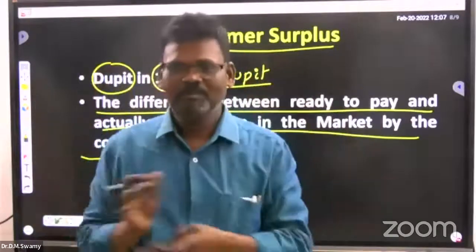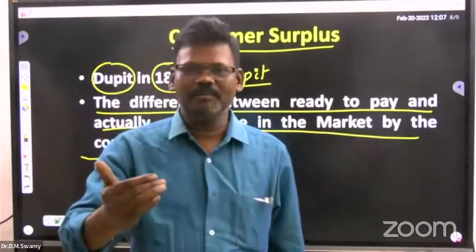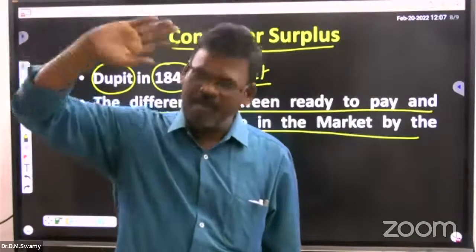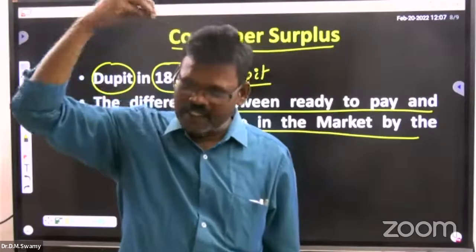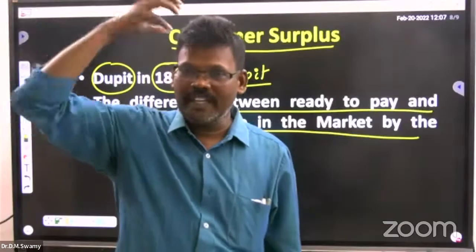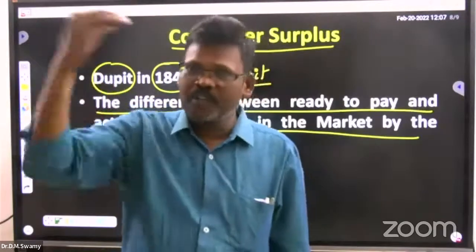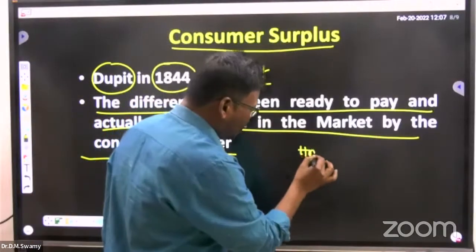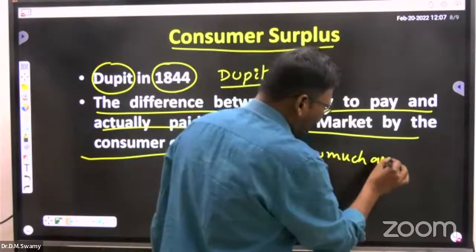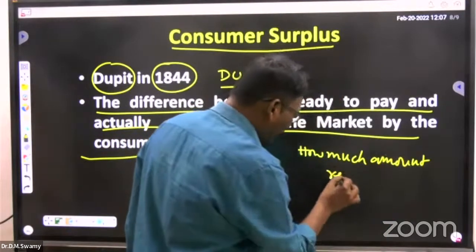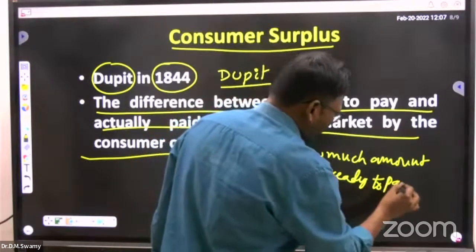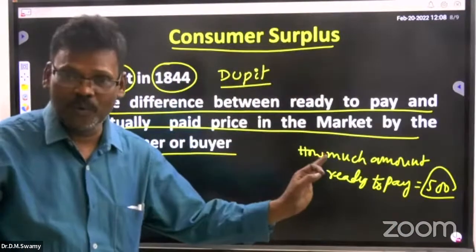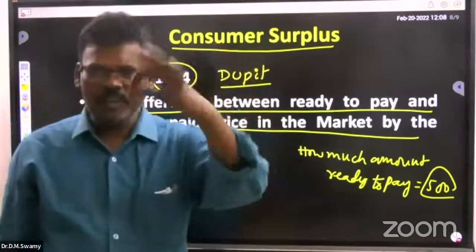You assume that if the ticket is 500, I am ready to pay; if the ticket is 400, you are ready to pay. Like that, you assumed before going to the theater. So how much amount are you ready to pay to watch that movie? 500 rupees only.